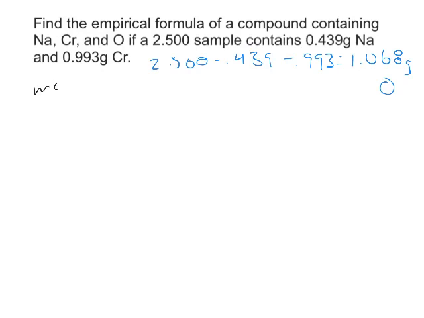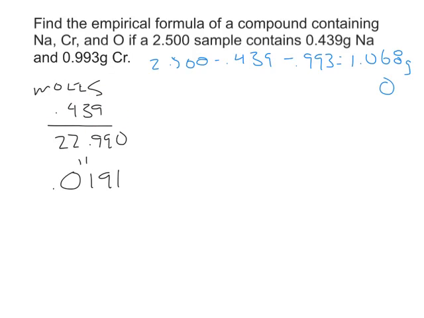So I'm going to find my moles. So 0.439 divided by the molar mass of sodium, 22.990. That gets me 0.0191.